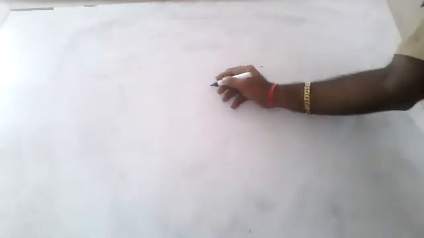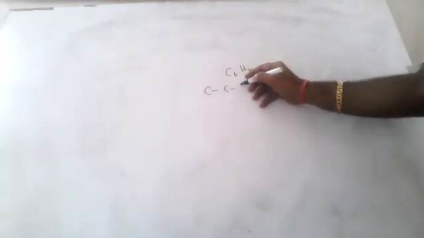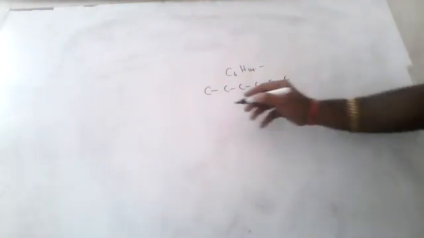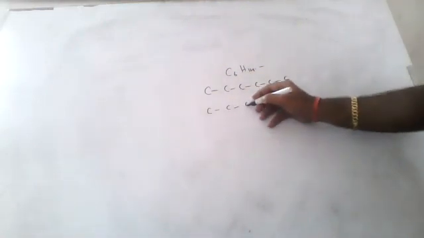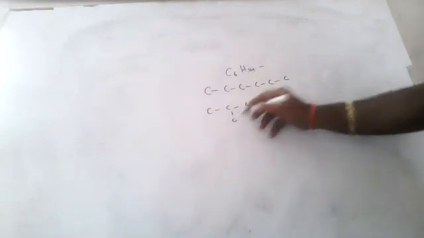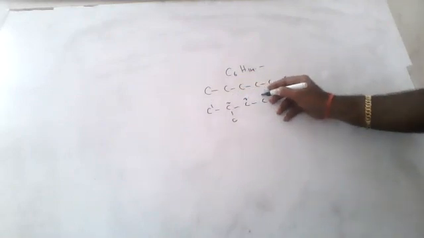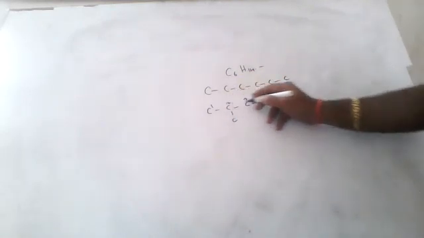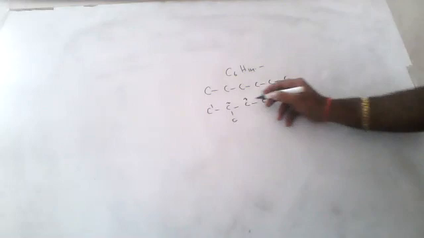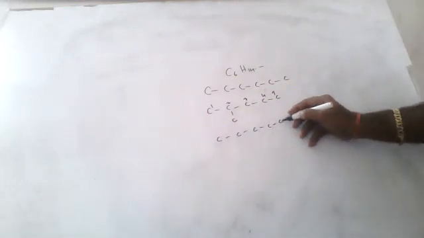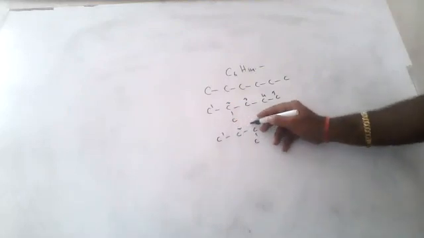Let's see the isomerism of hexane. Normal hexane: 1, 2, 3, 4, 5, 6. Then 2-methyl pentane. Then 3-methyl pentane.